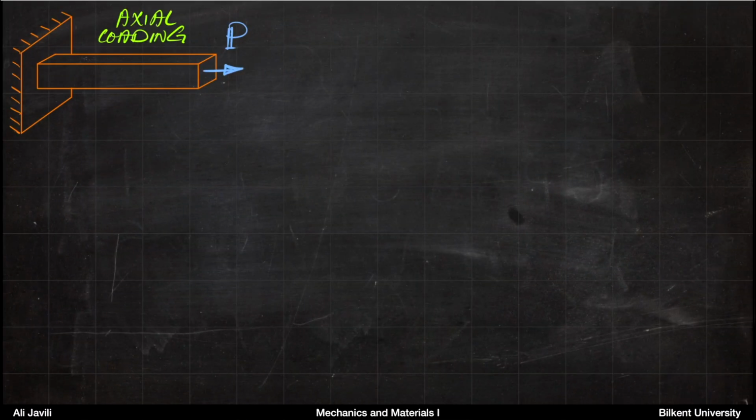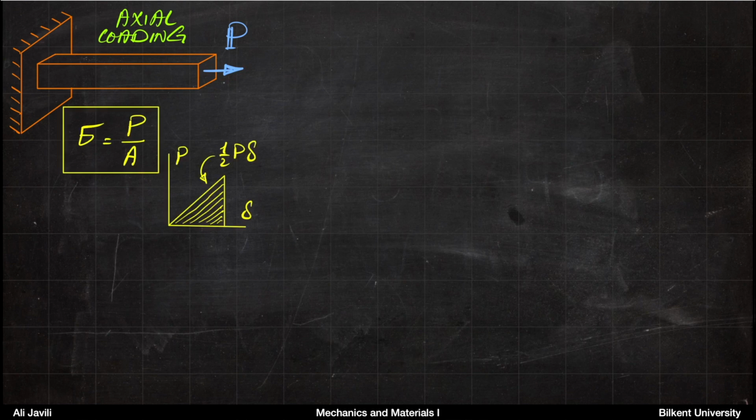All right, as always, we start with axial loading. So you have a shaft here with a normal force P at the end. The stress in the shaft is calculated via the relation sigma equals P over A. And if you draw the load displacement diagram, load or force is P here, the deformation is actually displacement along the main axis, delta.